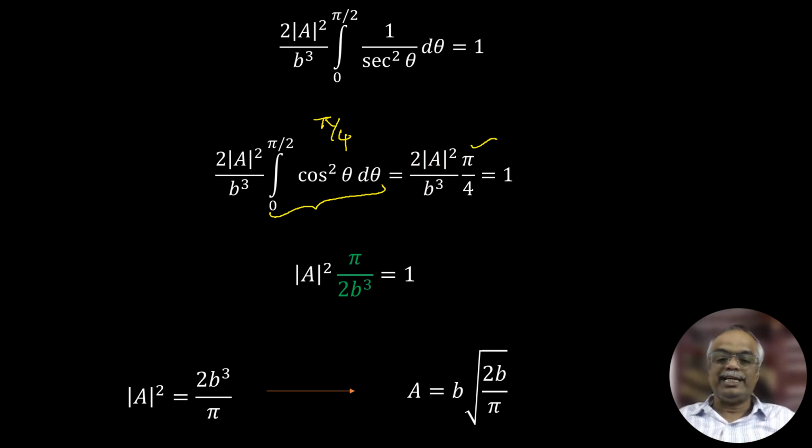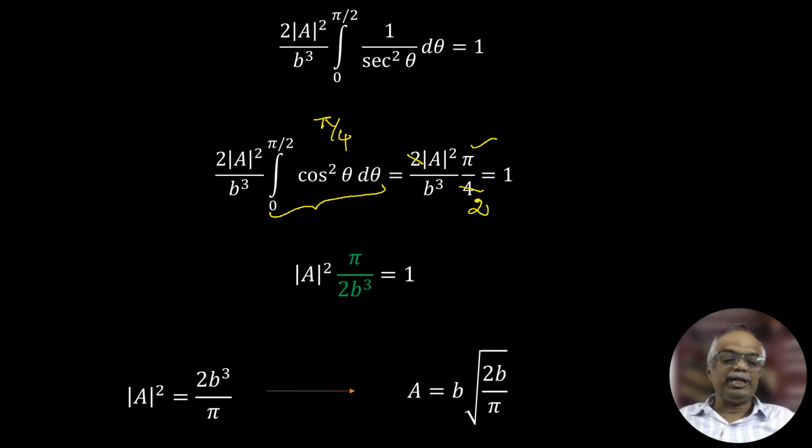Now you can cancel this 2 with this 4, which will become 2. So modulus A squared pi divided by 2b cubed is equal to 1. Or modulus A squared is, you bring this to the right hand side, 2b cubed over pi. Then what is A? Just take the square root of this.